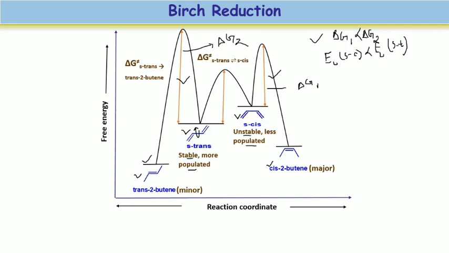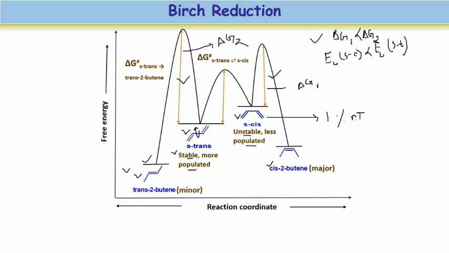Now the S-cis conformation has less population, about 1% at room temperature, but it has a fast conversion rate, whereas the S-trans conformation has more population but a slow conversion rate into trans-2-butene.